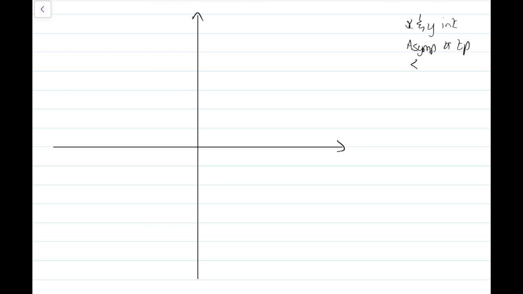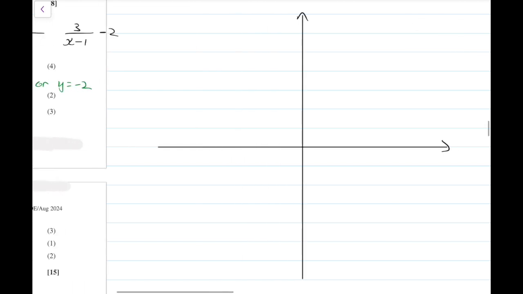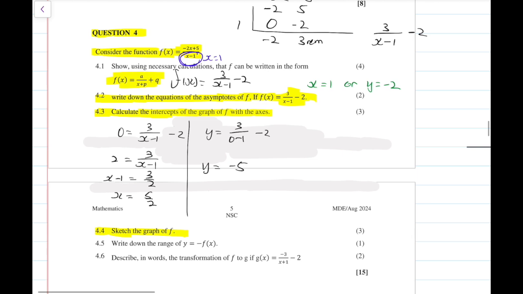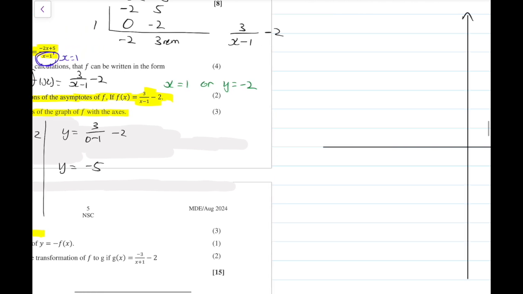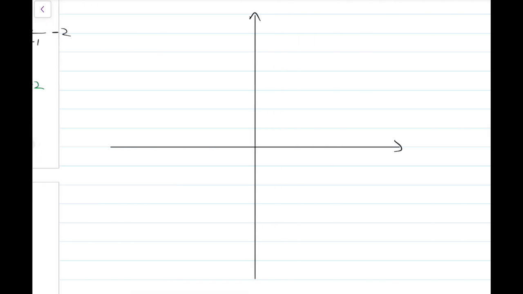Right? So we know our x and y intercepts immediately. Our x and y intercepts is the 5 over 2 and the minus 5. So 5 over 2 for the x. So 1, 2, 2.5. Let's say 5 over 2 is there.